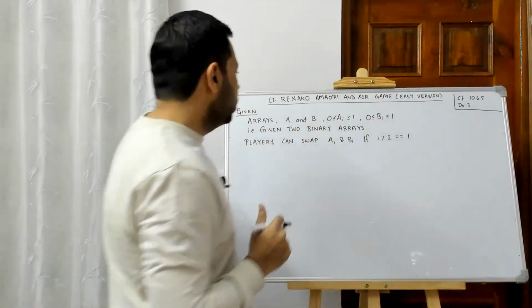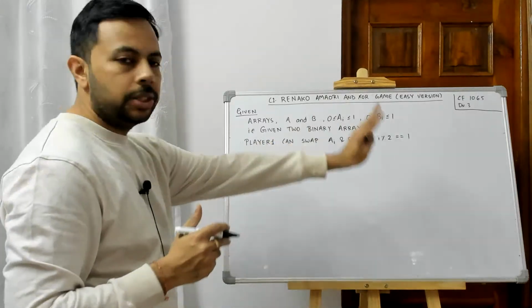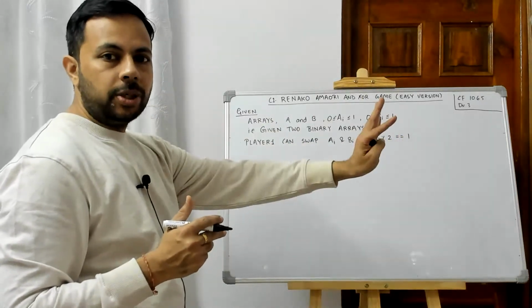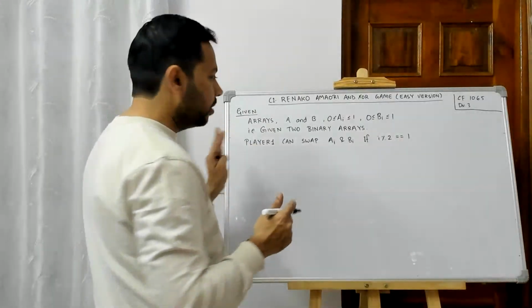The first thing you have to recognize in this question is not to worry about the sequence of the play. What is important is all the values where i mod 2 is 1, player 1 can swap them.